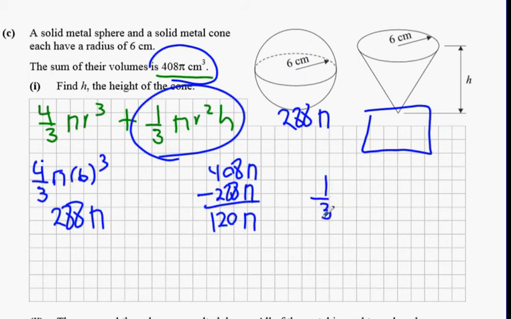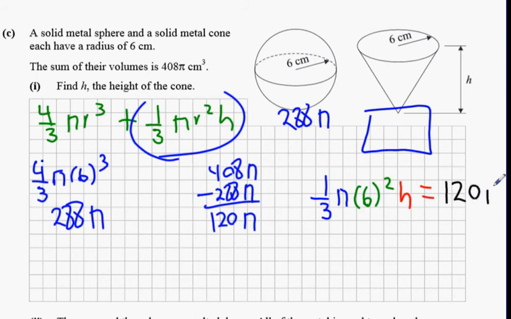Yes, and the whole point of the question now is to find the height of the cone. So, can you find the height of the cone? So I'll write down a third pi r squared h. r squared is 6 squared times h, which is the point of the question, and that's going to equal 120 pi.